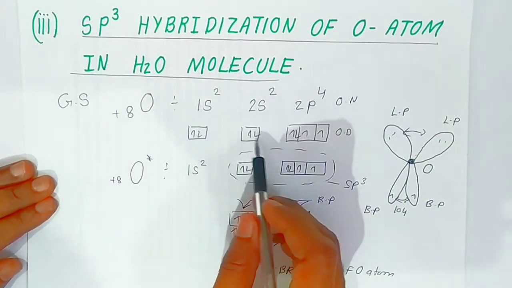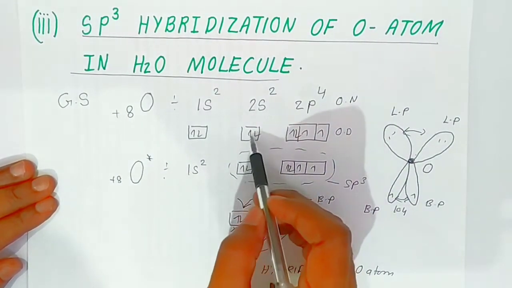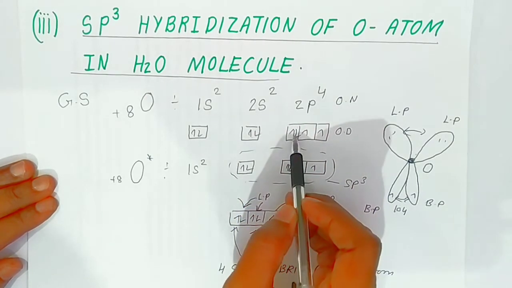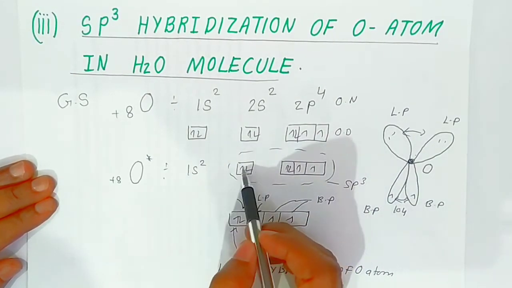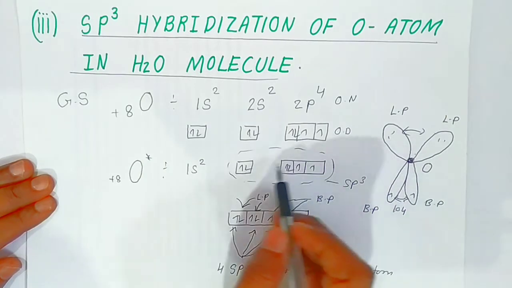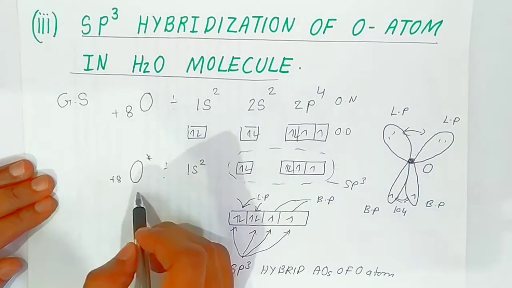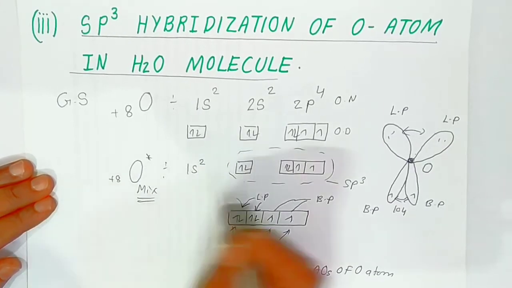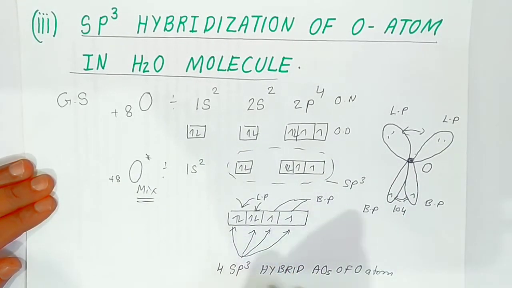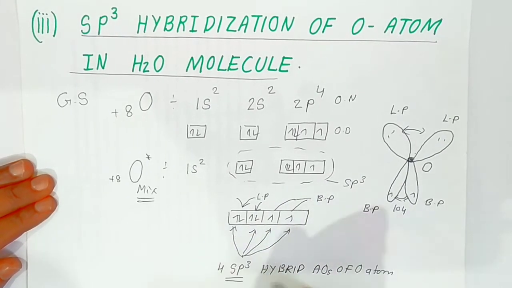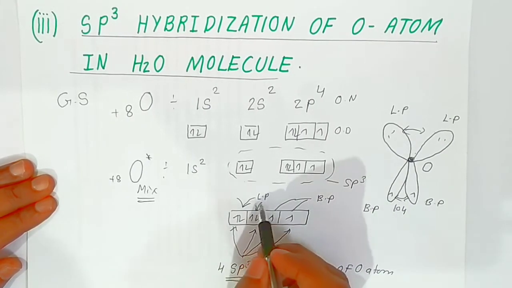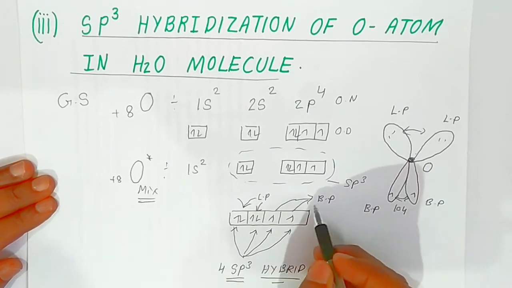When you see the electronic configuration, students, 2s is completely filled and one 2p orbital is also filled. So these are the lone pairs, already filled. With these atomic orbitals, the excited state will be the same, only the mixing is required. They will mix and form the four sp3 hybrid atomic orbitals of oxygen, in which two are lone pairs and two are bonding pairs.